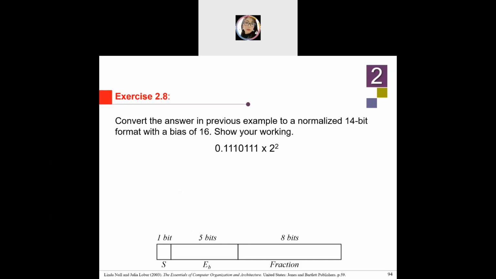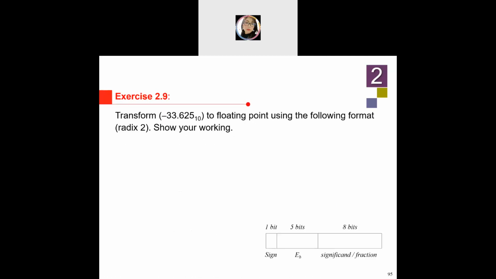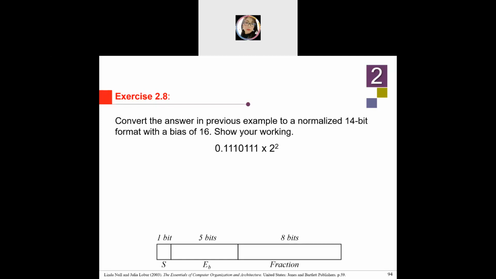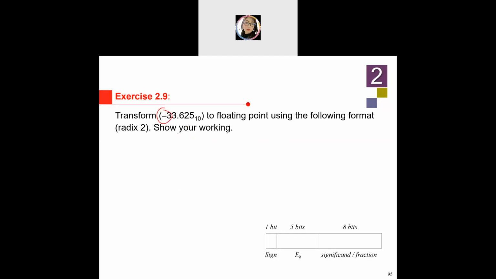Here there is an exercise. You can try to do it. There are a few exercises related to positive numbers, directly given in binary, and the bias value is already given directly. And this one is a negative number, following the format of radix 2.